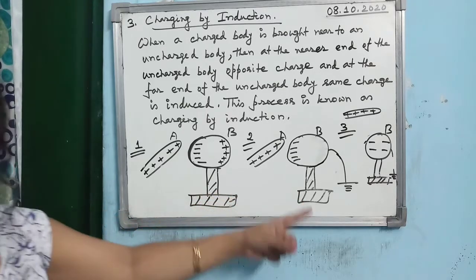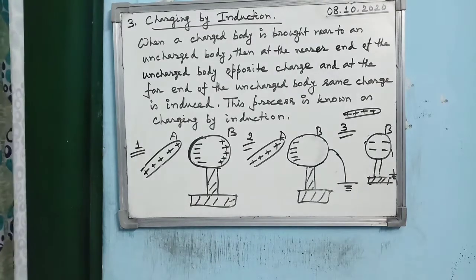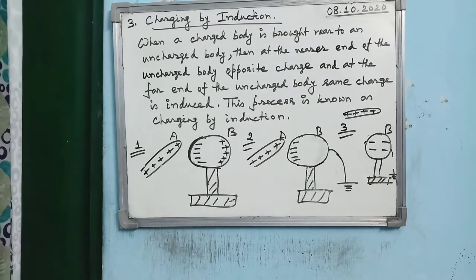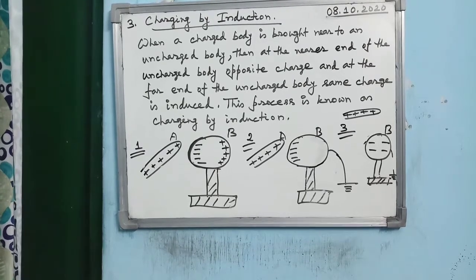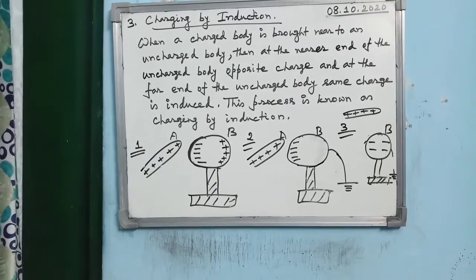These are the 3 steps needed for charging a body by induction. Remember that when charging a body by induction takes place, the body gains opposite charge to that of the charged body.